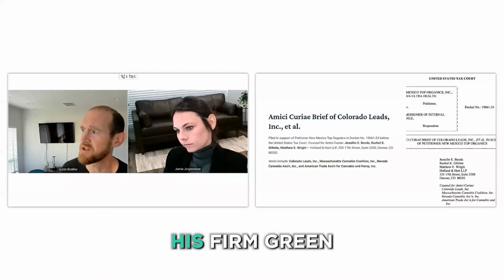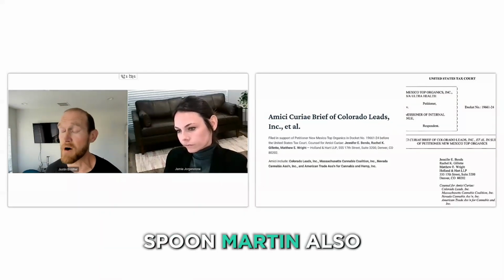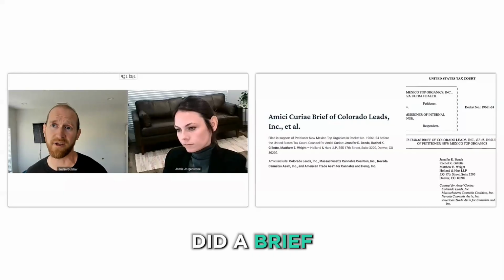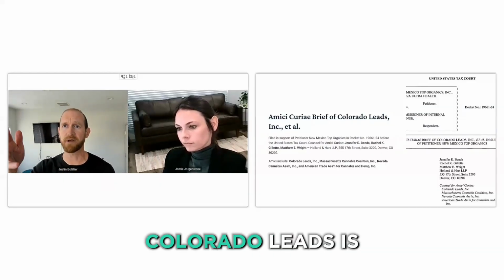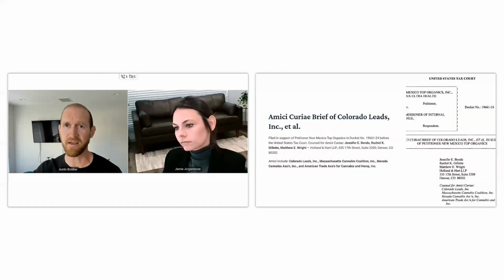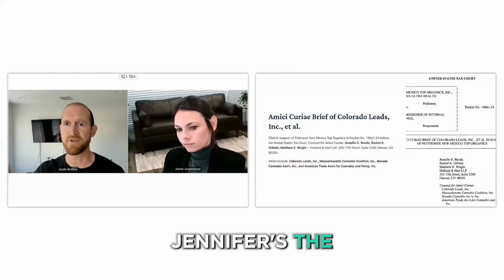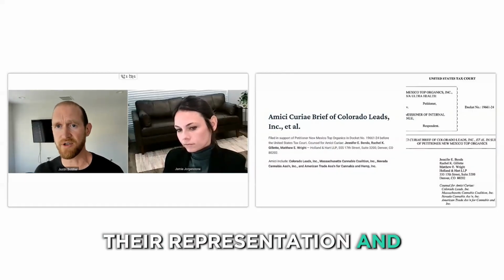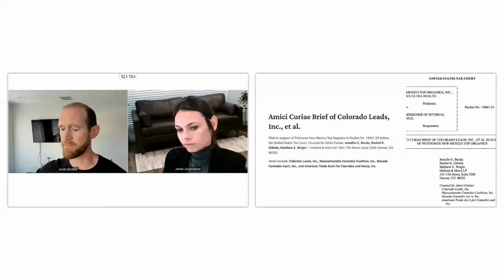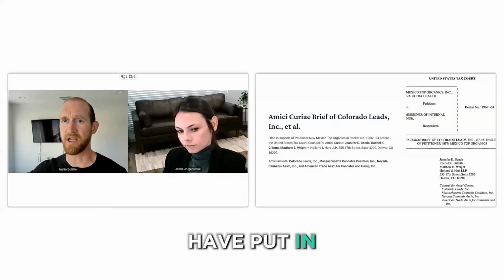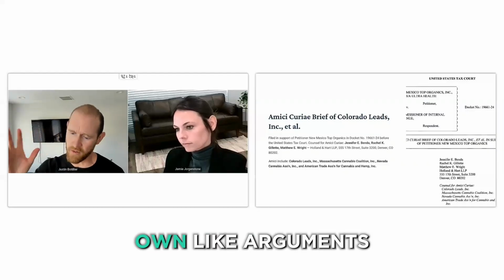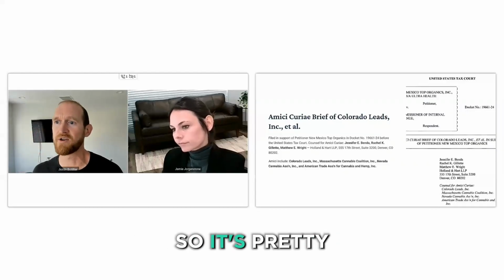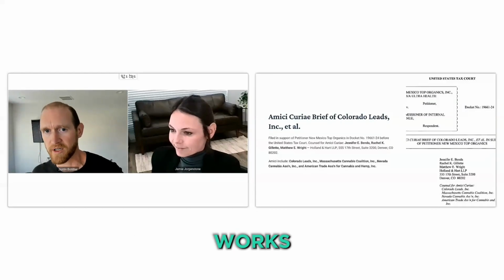His firm, Greenspoon Marder, also did a brief. So this is an example of the brief. Colorado Leads is the company, and Jennifer is their representation, and they have put in a brief supporting Nathaniel Pollock, with its own arguments and whatnot. So it's pretty cool how it works.